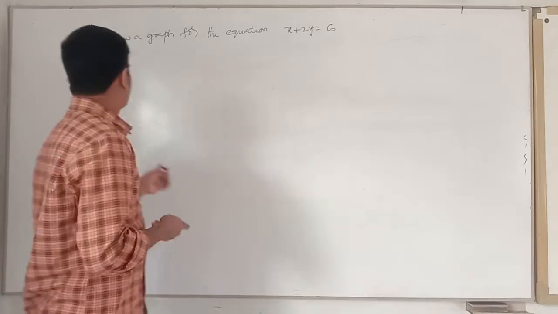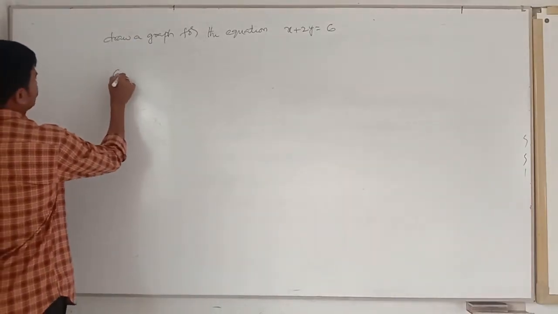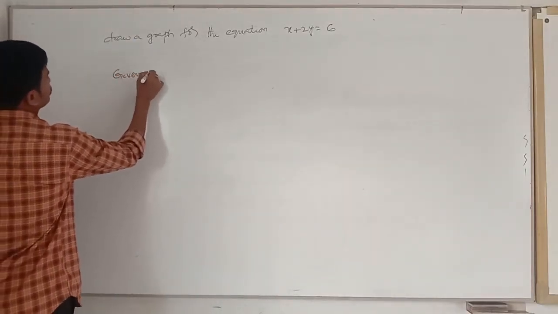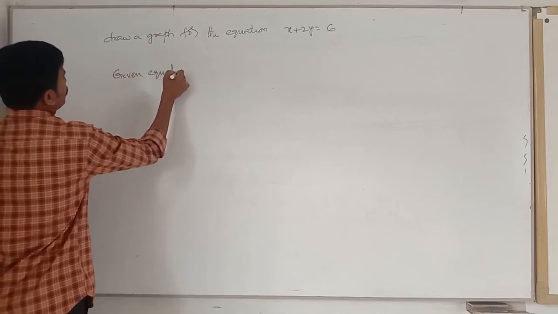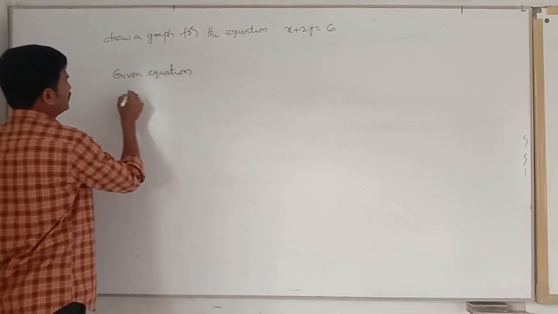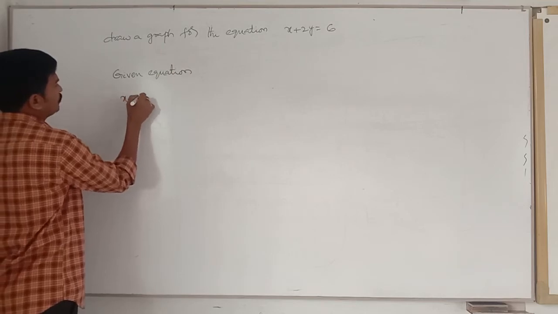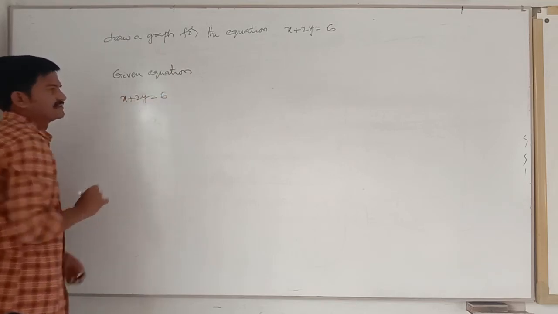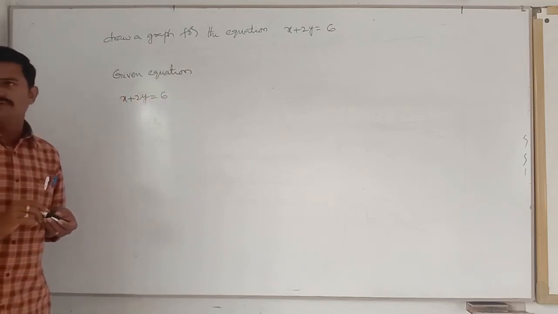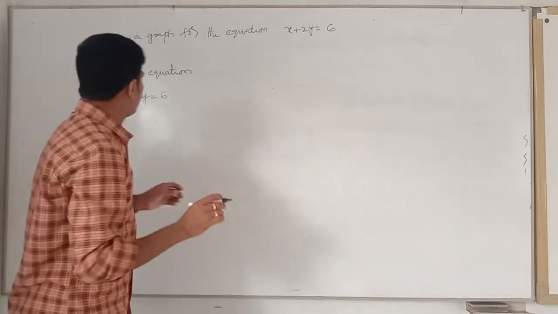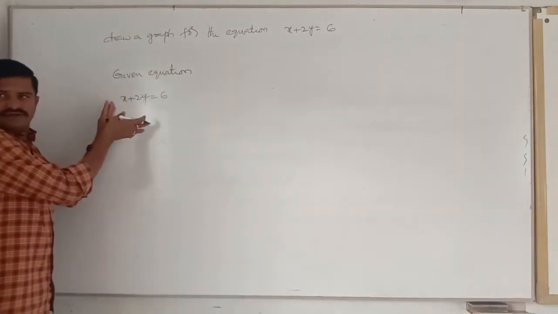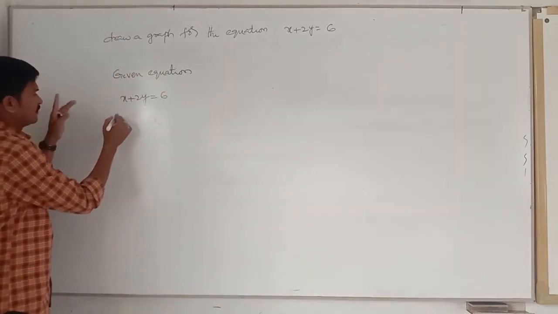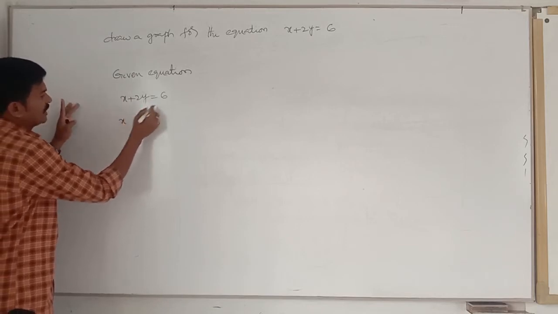So write the given equation: x plus 2y equals 6.